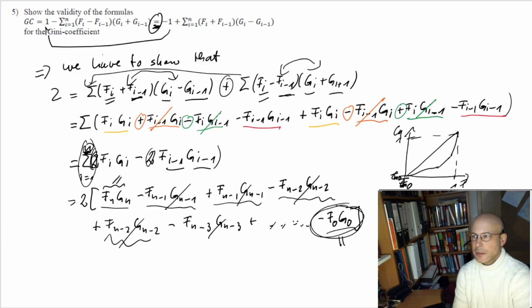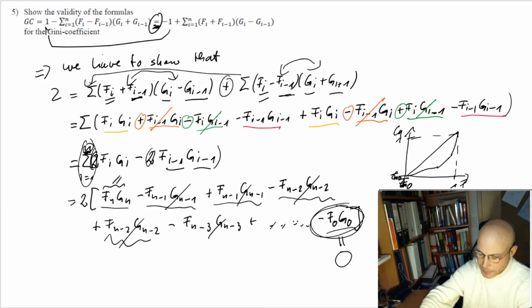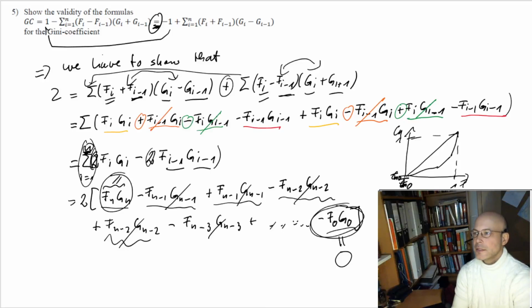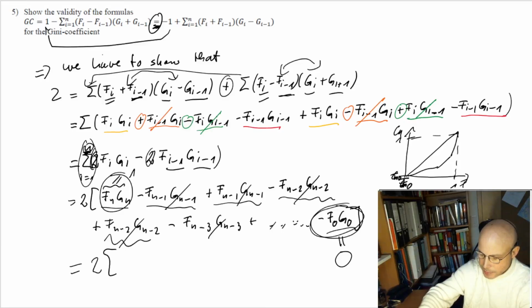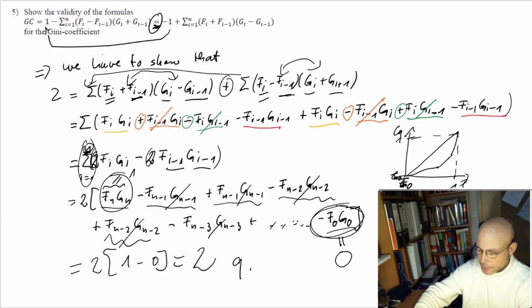This is just the data point of the origin, and then it has to be 0, of course. And this is our endpoint, and this is then 1, of course. And then we end up with 2 times 1 minus 0 equals 2. Quod erat demonstrandum.